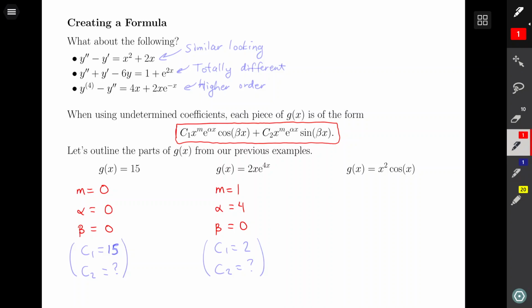And then finally, the third one we did, there was an x squared, meaning that m was 2. There's no exponential there, so alpha was 0, or a real exponential. Remember that cosine really is a complex exponential, but I'm talking about real valued. And then beta, there is a cosine. It's cosine of 1x. So beta is equal to 1.